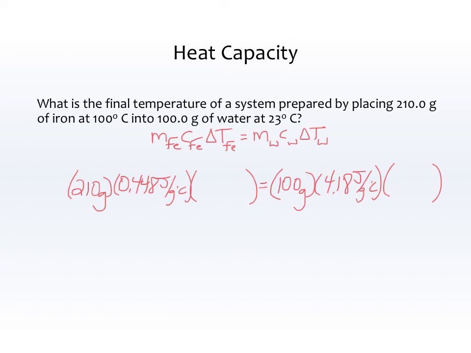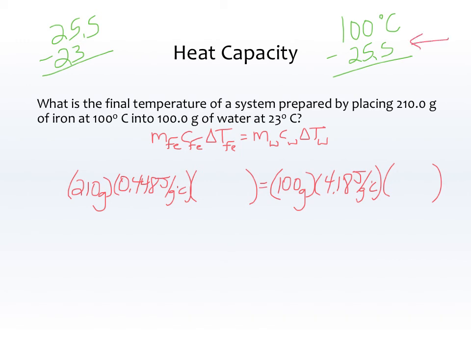Let's think about what delta T is. That's the change in temperature. So when we had our previous problem, when we were looking for the specific heat of lead, that was 100 degrees, and lead went down to 25.5. And then it was 25.5 as the final temperature, started at 23 for the water. So we're solving here for the final temperature. When the final temperature is lower than the initial, we're going to take the initial temperature minus the final.